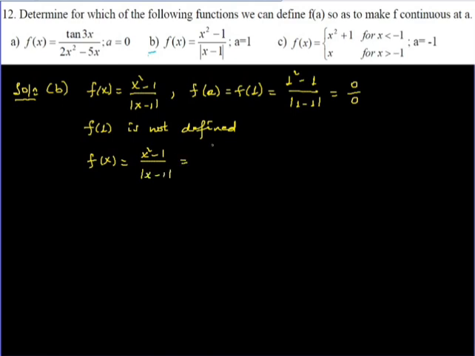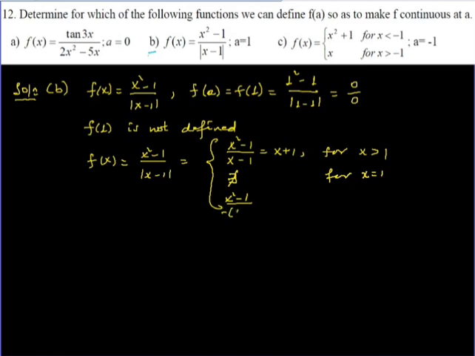So this means the function will be x squared minus 1 over x minus 1, which is the same as x plus 1 for x greater than 1. The function doesn't exist for x equals 1, and it becomes x squared minus 1 over the negative of x minus 1, which is the negative of x plus 1 for x less than 1.